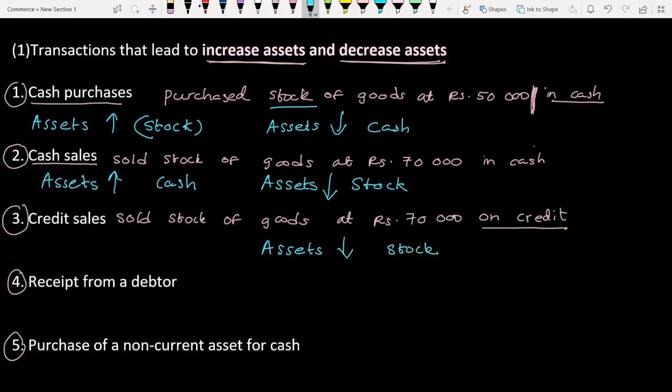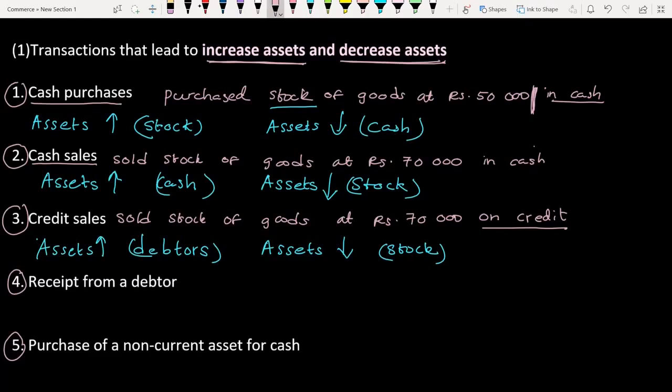And on the other hand, definitely the business will not receive cash, but there will be credit customers, the customer who owes to the business. We call him a debtor. So debtors in the business will increase. So as a result, assets will increase.